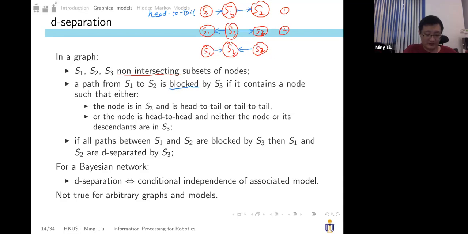Either it's head-to-tail or tail-to-tail. If that's the case of 1 and 2, then this path is blocked.